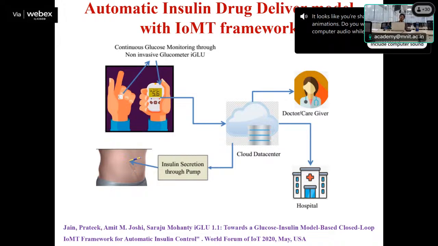Now, as I said, glucose keeps changing inside the body. So the requirement of insulin could also be changing. Most of the time, what we used to do is take the insulin prescribed by a doctor, and that dose is fixed.